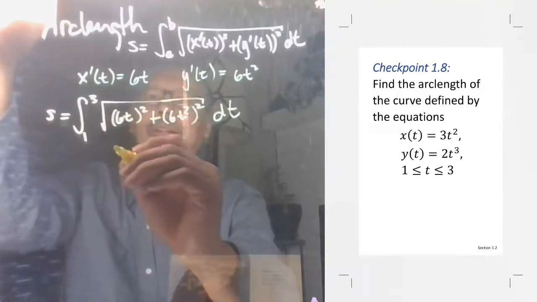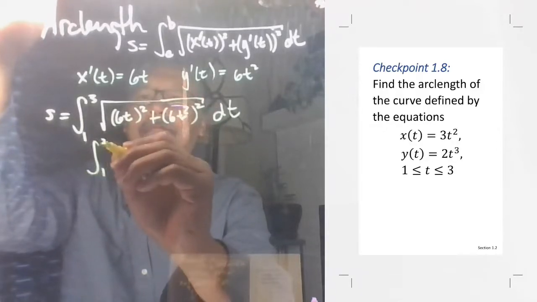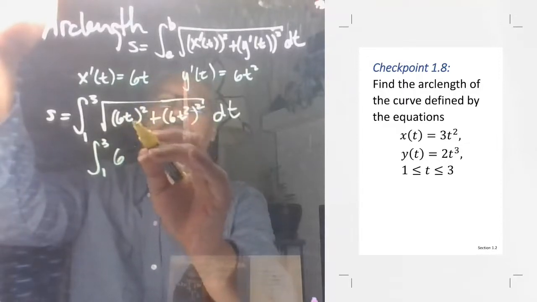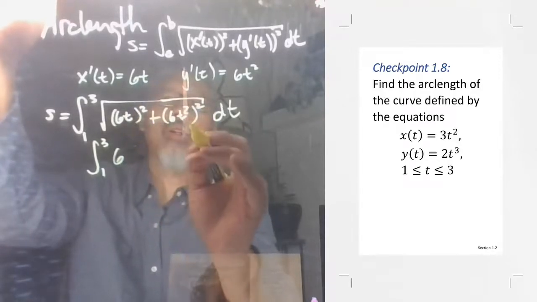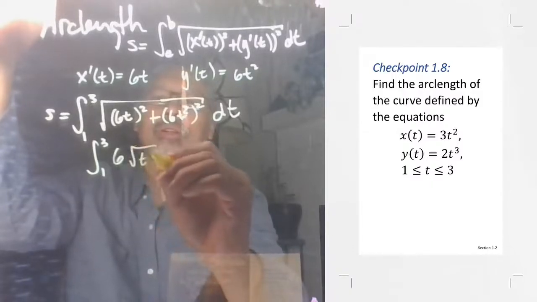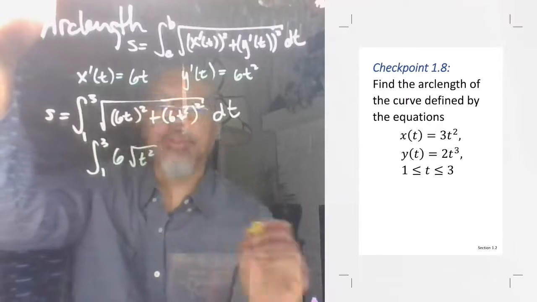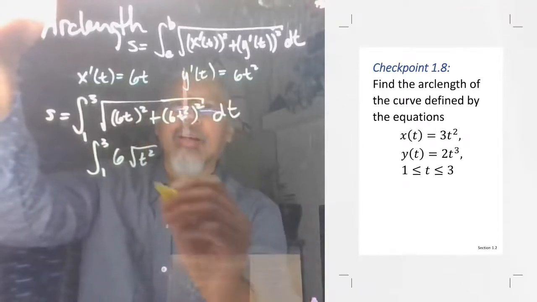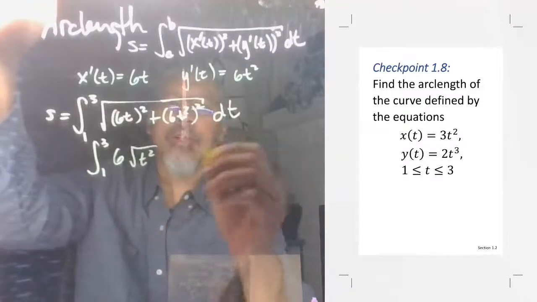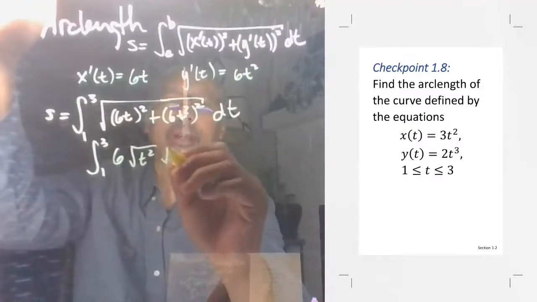That's a constant 6 because there's 6 squared, and there's a t squared and t to the 4th, so a t squared. Square root of t squared, by the way, is the absolute value of t. But we're going from 1 to 3, so we can just drop the absolute value. We'll do that in the next step.